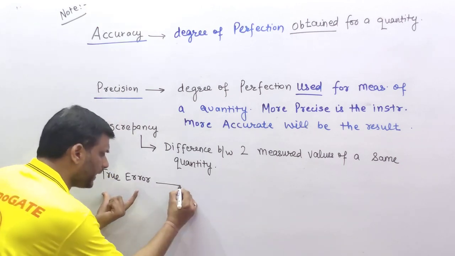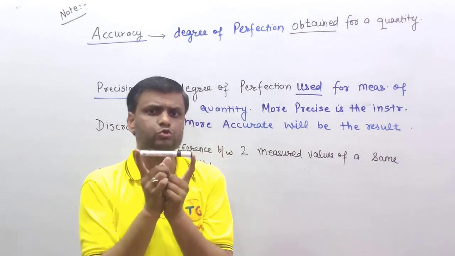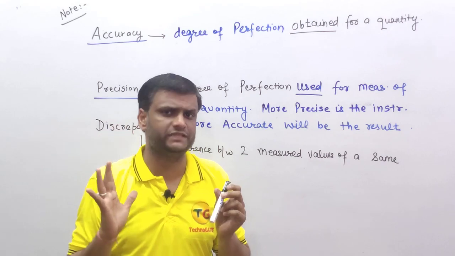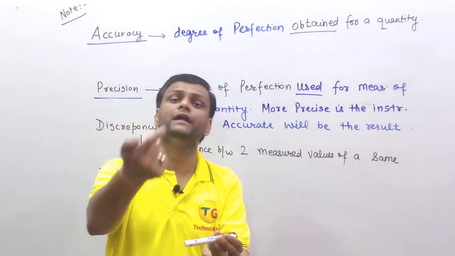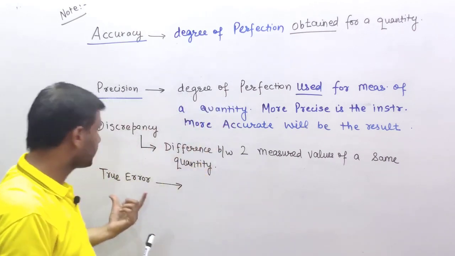And what is true error? Let us suppose that this marker has a value of 2 centimeter, and if I measure this value as 2.01 centimeter, the difference between the true value and measured value of the quantity is called the true error.